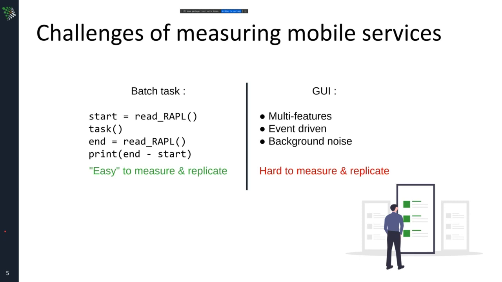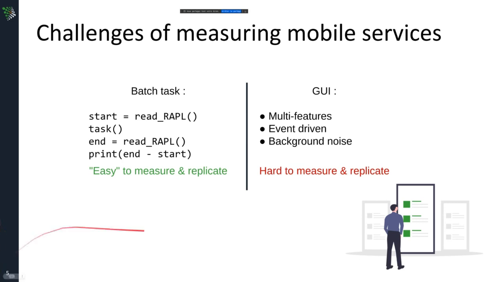and you need to keep the UI active, so you can't turn off all the UI services. So all these points make it harder to measure and harder to replicate. So first we need to tackle the multi-feature and event-driven aspect of graphical user interfaces.